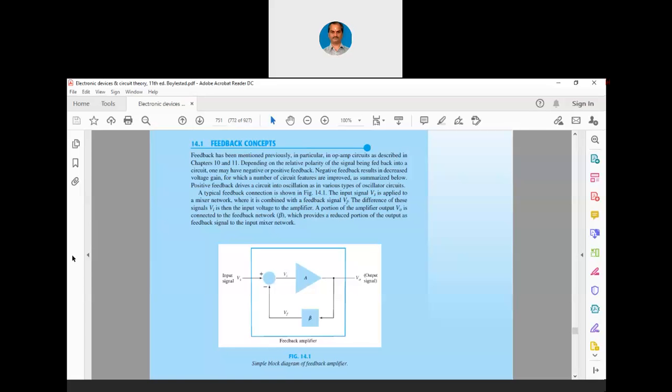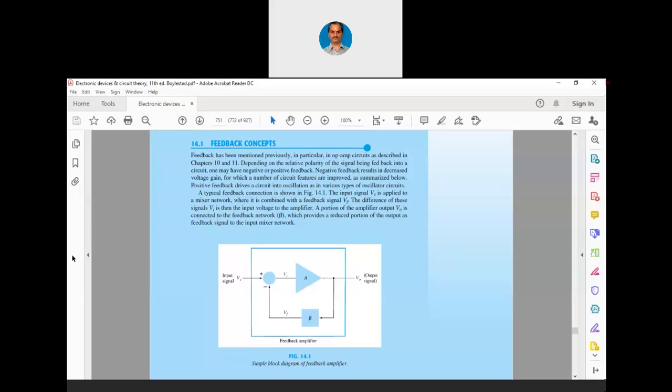Whether that frequency range is in the audio range or in the radio range, we design amplifiers for the given frequency range for obtaining the required voltage gain or power gain. That is the purpose of an amplifier. Now what is the meaning of oscillator? Oscillator is the one which produces a fundamental frequency.